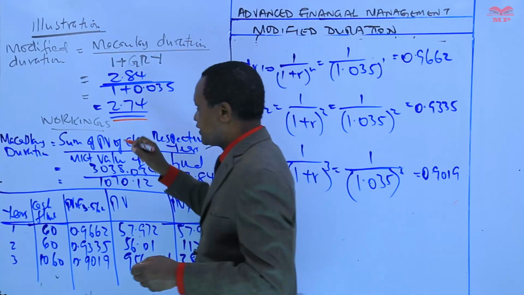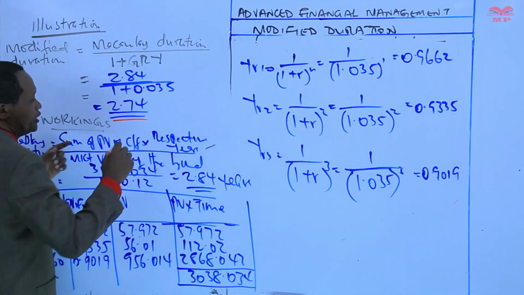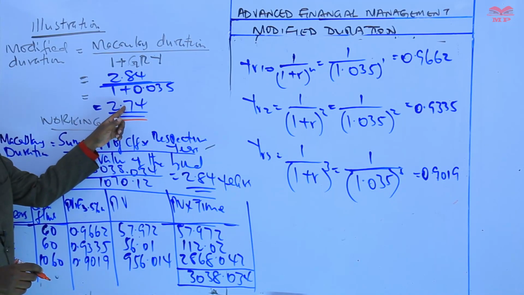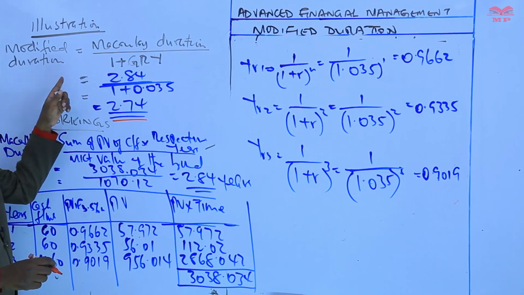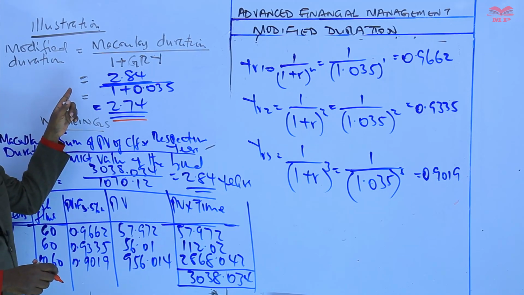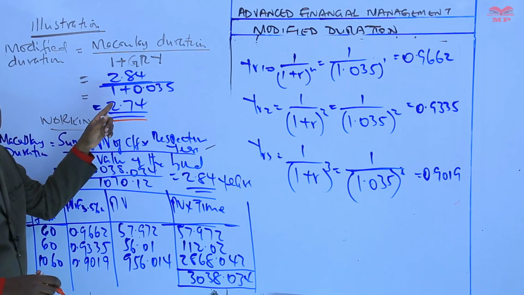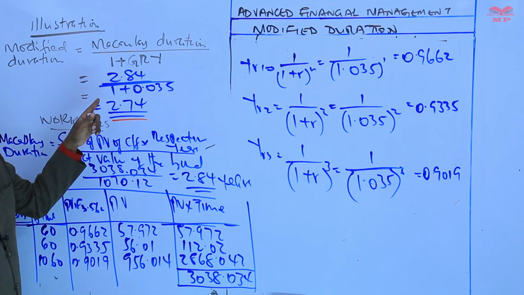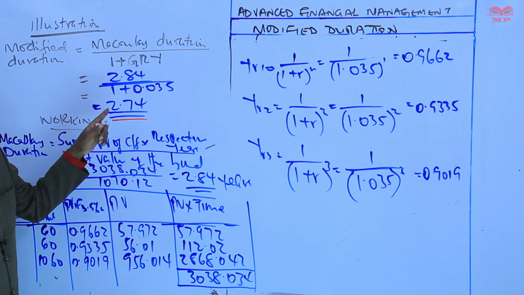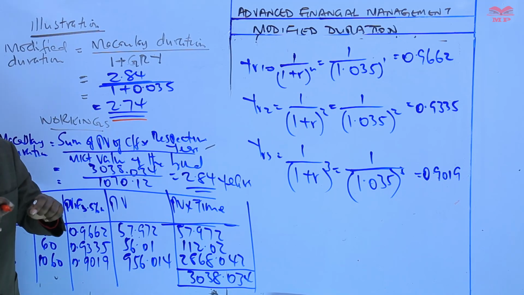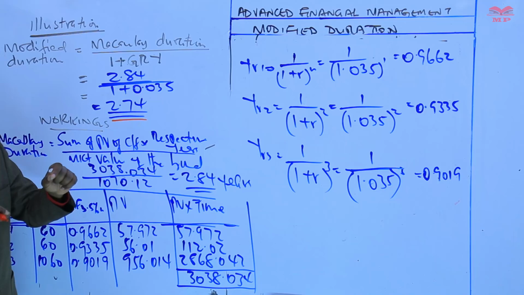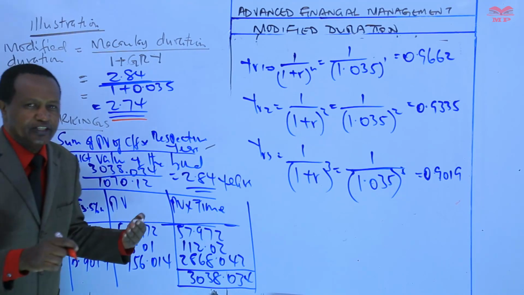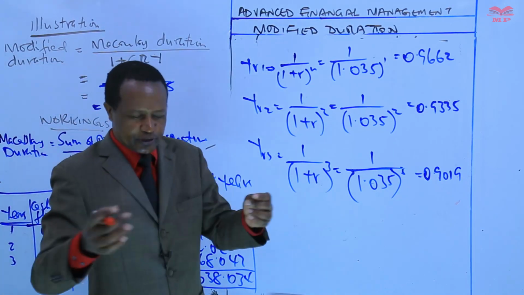So a modified duration of 2.74, and candidates, this is not a measure of time. It's a percentage change. For every 1% change in interest rates, the bond's price is expected to change by approximately 2.7% in the opposite direction.